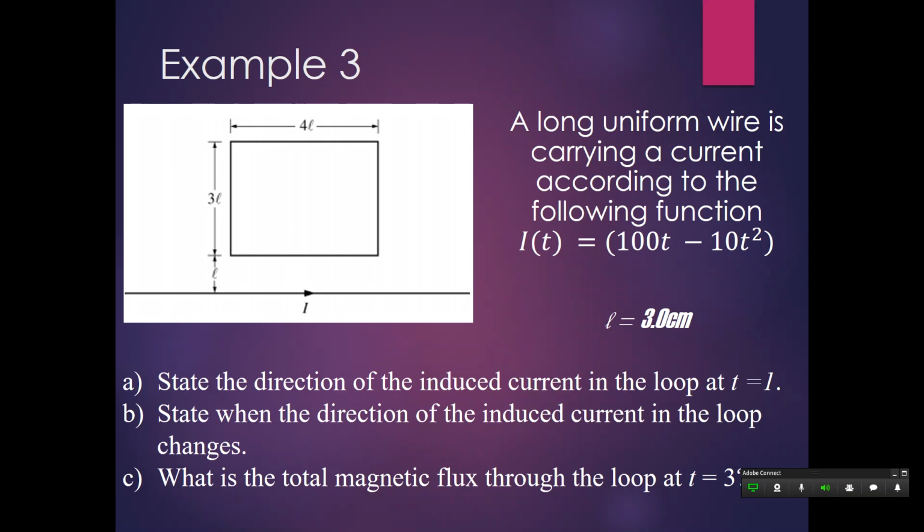All right. So it says here, state the direction of the induced current loop at time t equal to 1 second. So that means we have to find some information about our function, I equal to 100t minus 10t squared. If we want to find out what the apex is, how do we do that?